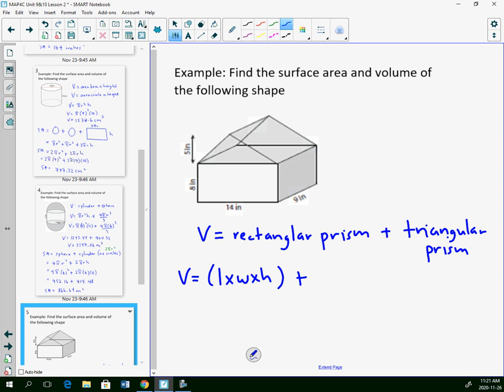For the triangular prism, remember that it's the area of the shape. A triangle is base times height divided by 2, and then it's times the length. So it's the area of the base times the height.